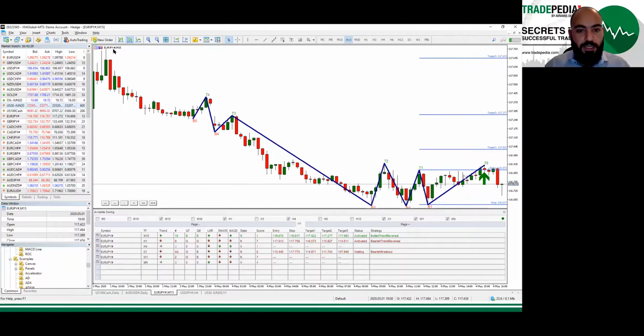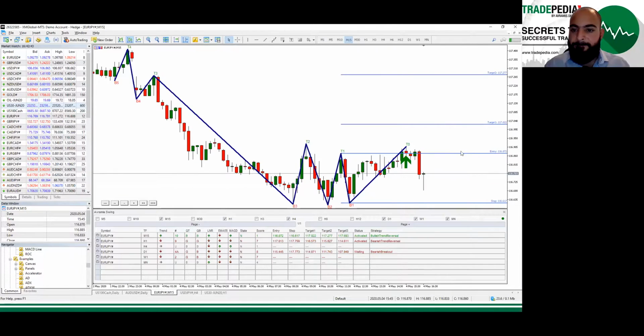So you see, the trend was going down, and then it failed to continue lower, and now it broke the top, and it activated a bullish entry strategy. My entry was here, stop loss is here, target 1, target 2. It is already activated, so now it is too late to enter this trade.